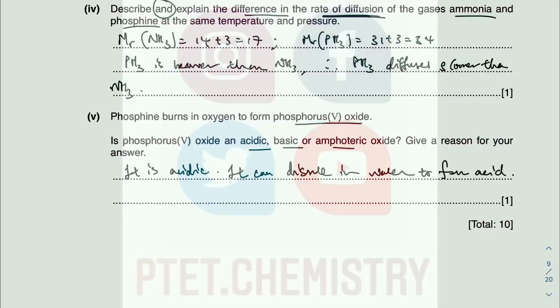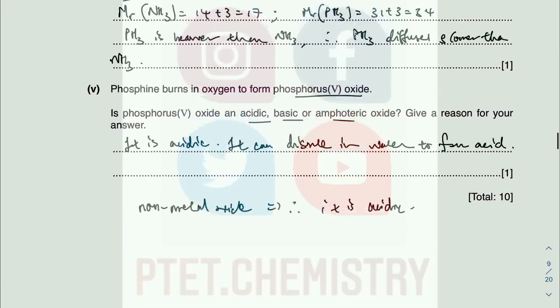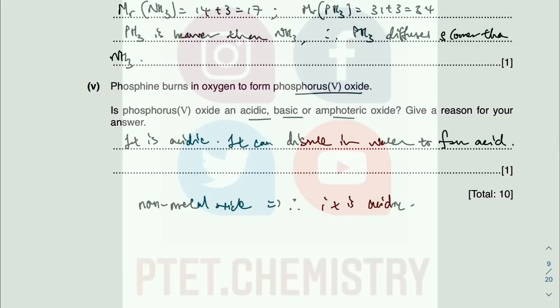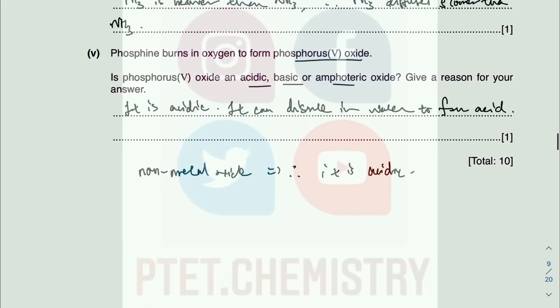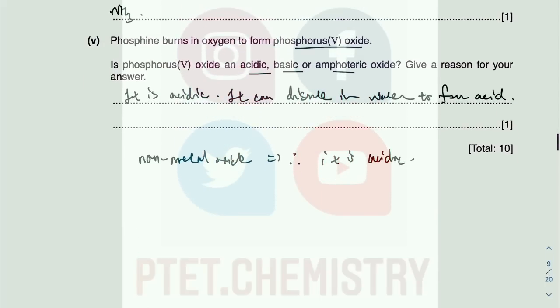Or I guess in O level you can say it's a non-metal oxide. Therefore it is acidic. Non-metal oxides like oxides of nitrogen, oxides of sulfur, you know, sulfur dioxide, sulfur trioxide, nitrogen dioxide, nitrogen oxide. So those are all acidic oxides. So they can dissolve in water, in rainwater, and can cause acid rain, right?